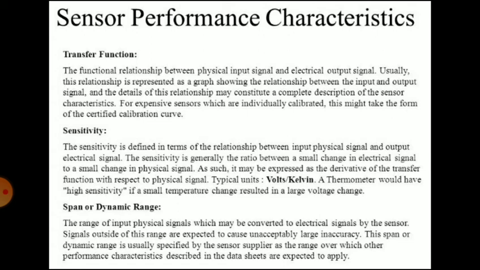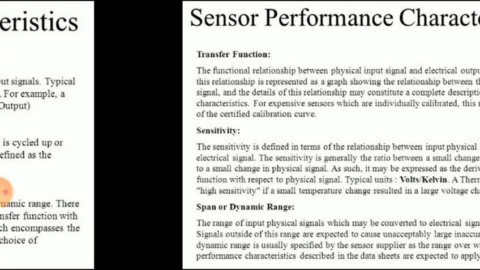So this span or dynamic range is usually specified by the sensor supplier as the range over which other performance characteristics described in the datasheet are expected to apply.